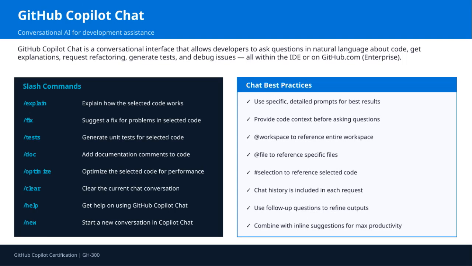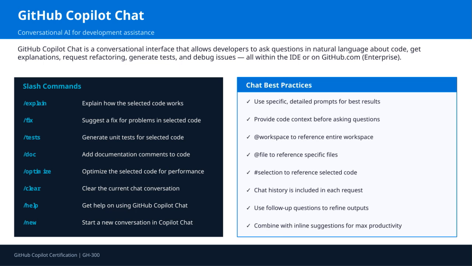GitHub Copilot Chat is an innovative conversational AI designed to assist developers directly within their IDE or on github.com. It allows you to interact naturally, asking questions about your code, requesting explanations, refactoring suggestions, test generation, and debugging help, all through simple chat commands. Some key /commands make this interaction efficient.